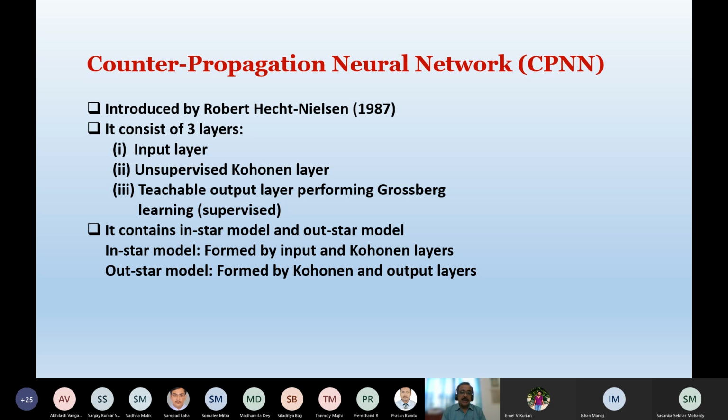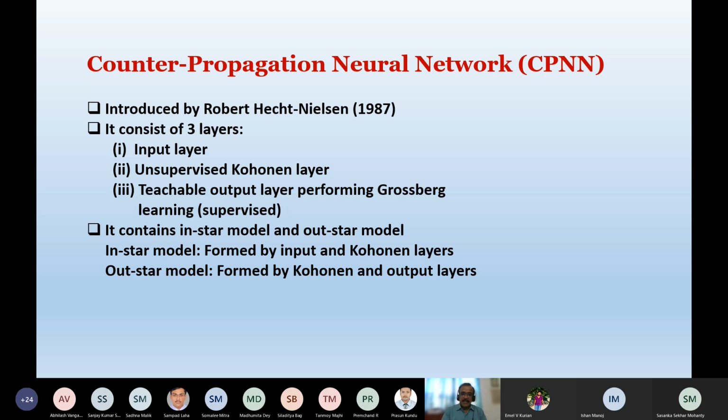This CPNN consists of three layers. As usual, there will be an input layer. Then we have an unsupervised coherent layer as the middle layer. And we have one output layer, which is a teachable output layer, and this layer will perform some sort of supervised learning, that is Grossberg learning.